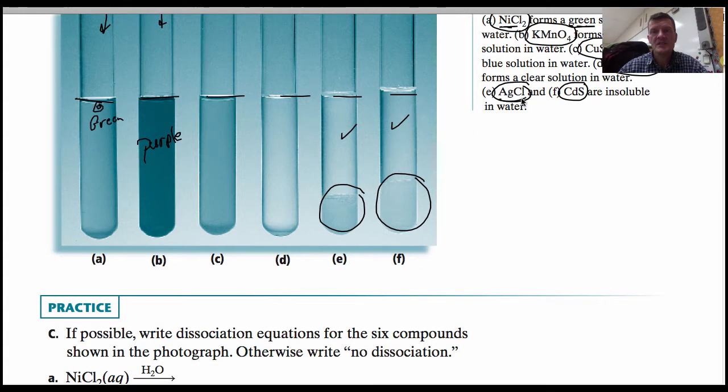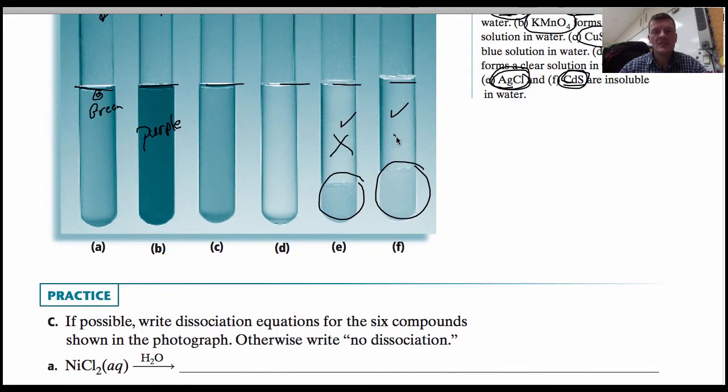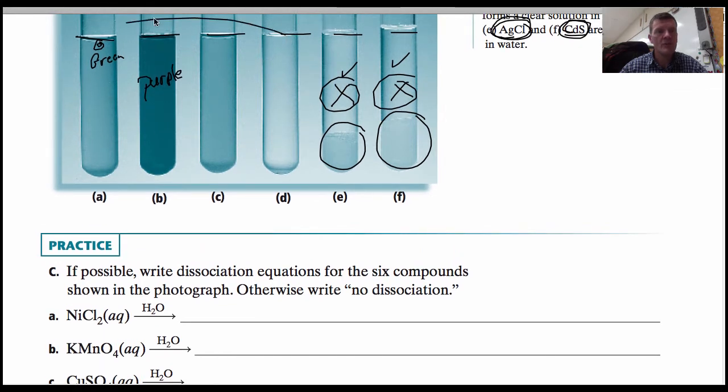So that tells us that silver chloride and cadmium sulfide are not very soluble. We might even say they're insoluble. All right? So you cannot write solubility equations or formulas for these particular 2 solids. They don't dissociate. You can't write an equation for those. We could for the other 4.